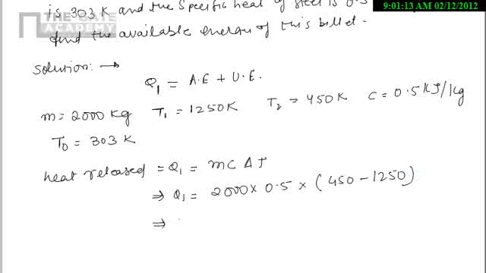So Q1 is 450 minus 1250 into 0.5 into 2000.